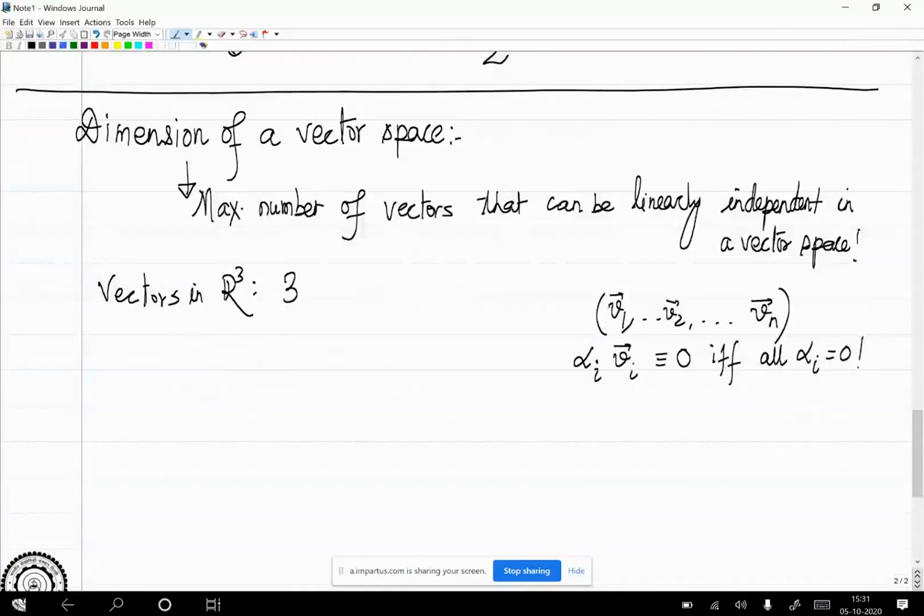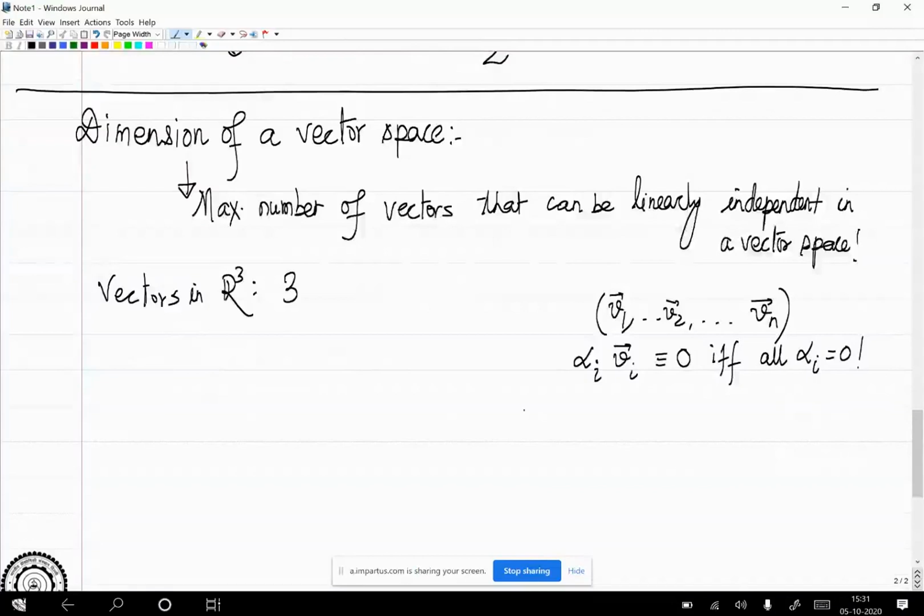Basically, when you sum them with some scalar multiplication, you can make it equal to 0 only if all the alpha i's are 0. Then we say that it is linearly independent.